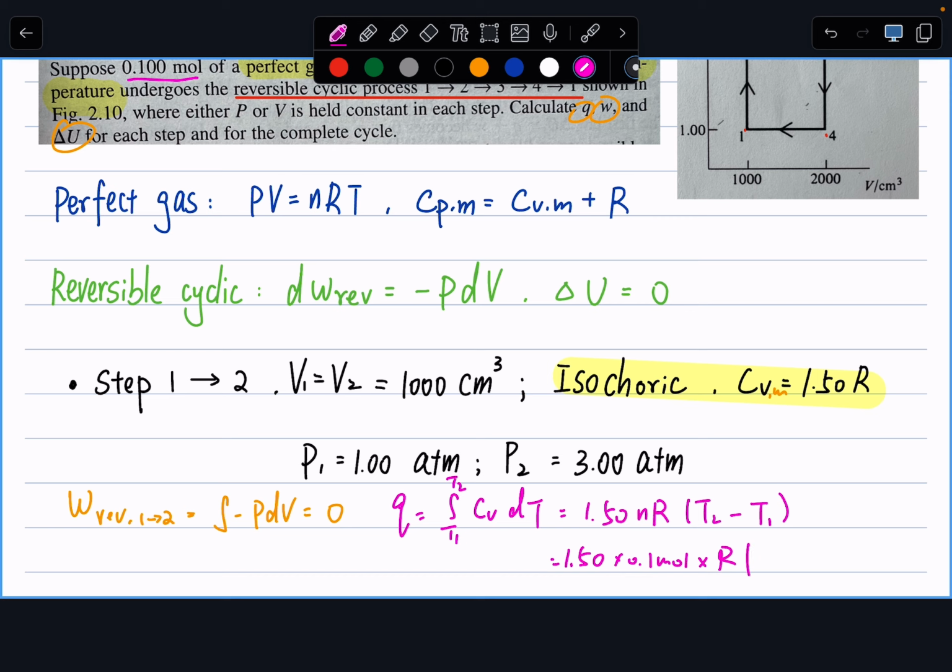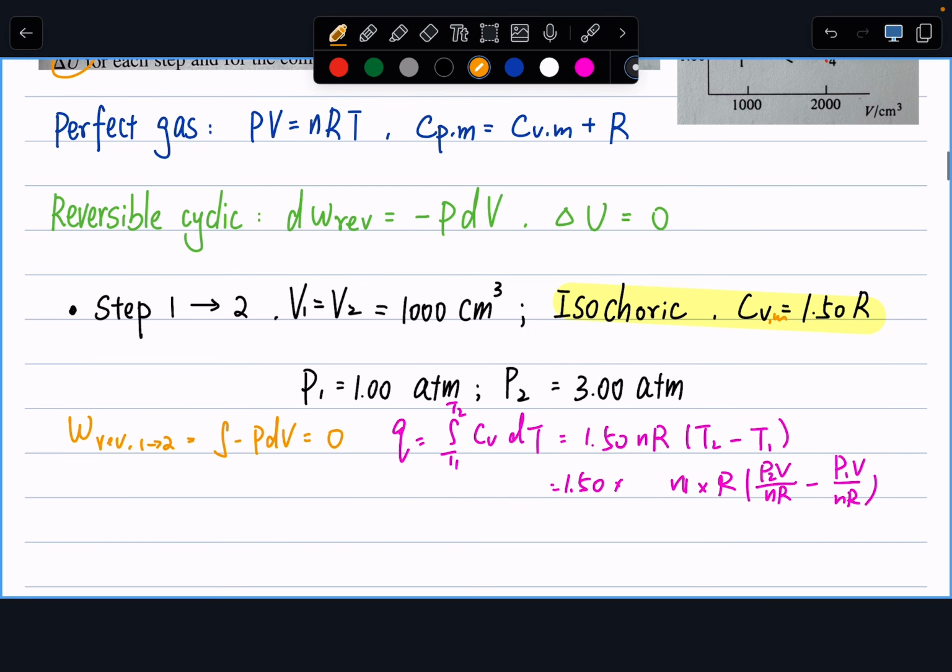I'll keep R here because we'll cancel out later on. Your temperature equals PV over NR, so P2V minus P1V over NR. My N also cancels out. PV equals nRT, and my NR cancel out with each other.